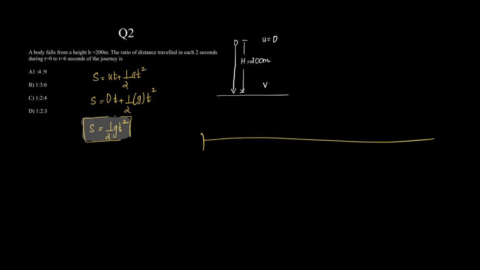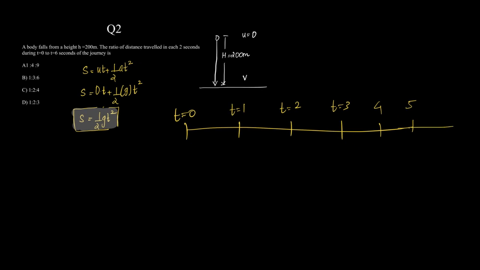So if this is time t is equal to 0, t is equal to 1, 2, 3, say 4, 5, and 6. Now let me mark the names also so that it will become more clear to you. So A, B, C, D, E, F, G. So this is the position and the time.